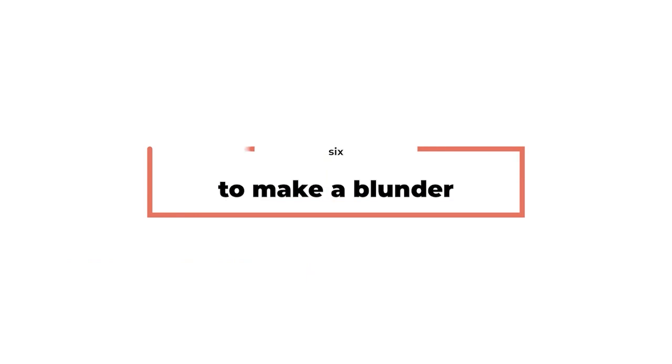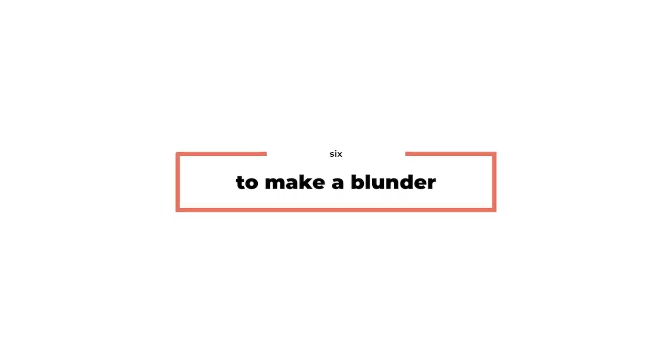The next expression is to make a blunder. To make a blunder. We have make again, okay? Make a mistake, make an error of judgment, make a blunder. Blunder, what is this word? Maybe you've not heard of this word before. And I think it's a very interesting one and a very useful one. To make a blunder is to make a stupid or careless mistake.